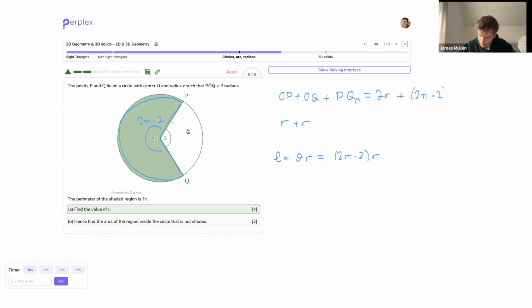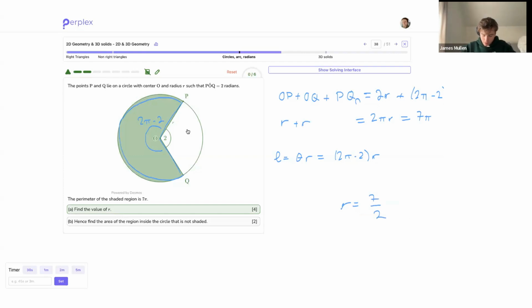If I simplify that, I have 2r here and minus 2r here, so this just becomes 2 pi r. And the question tells us that this is all equal to 7 pi, which means that r is equal to 7 over 2. That's my radius.